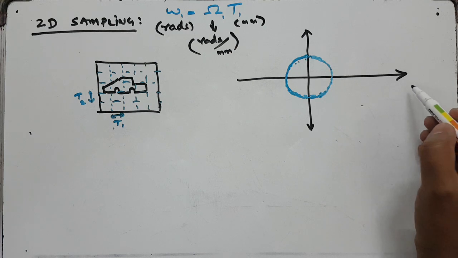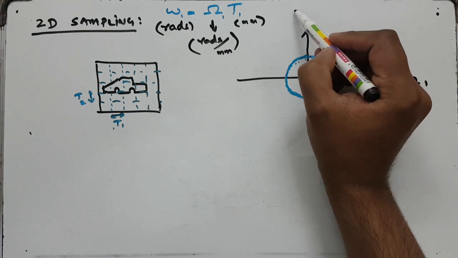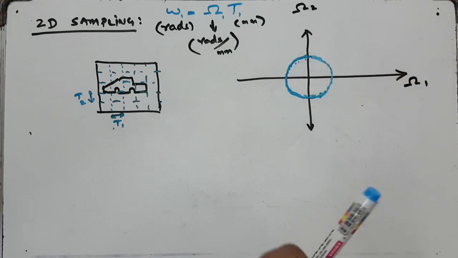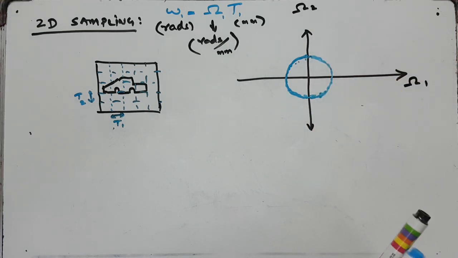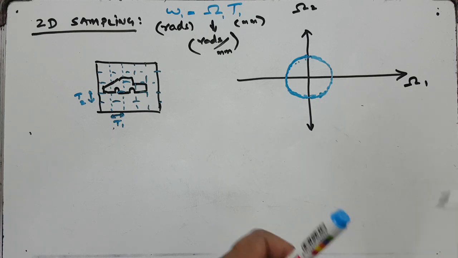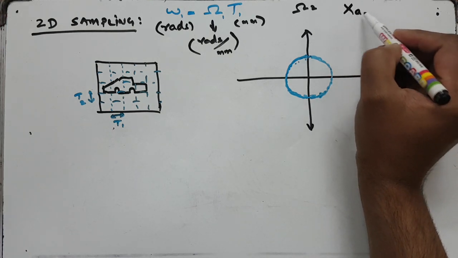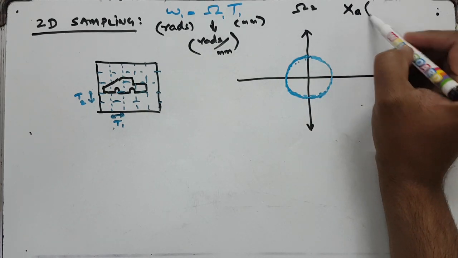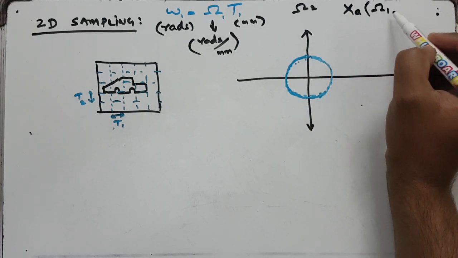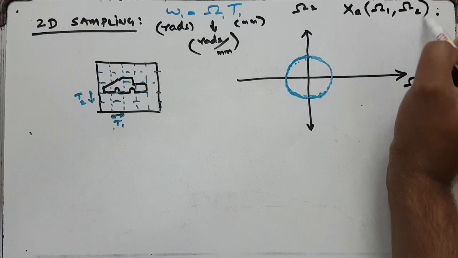So if my axes are omega 1 and omega 2, then the signal that I've drawn here is the Fourier transform of the original image, Xa(omega 1, omega 2).